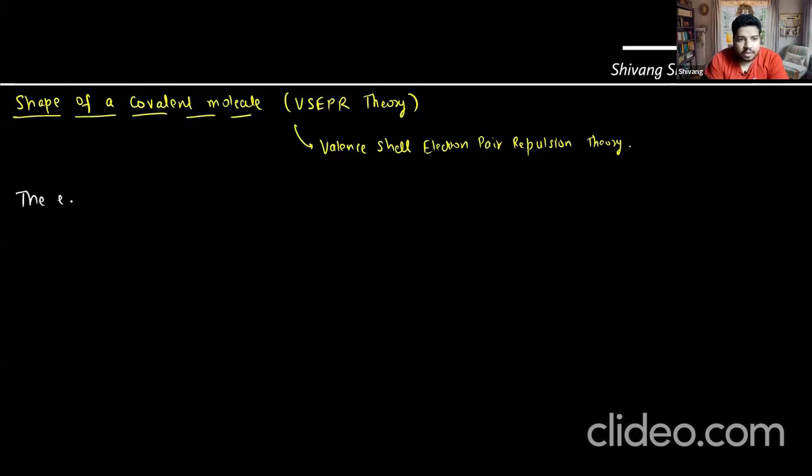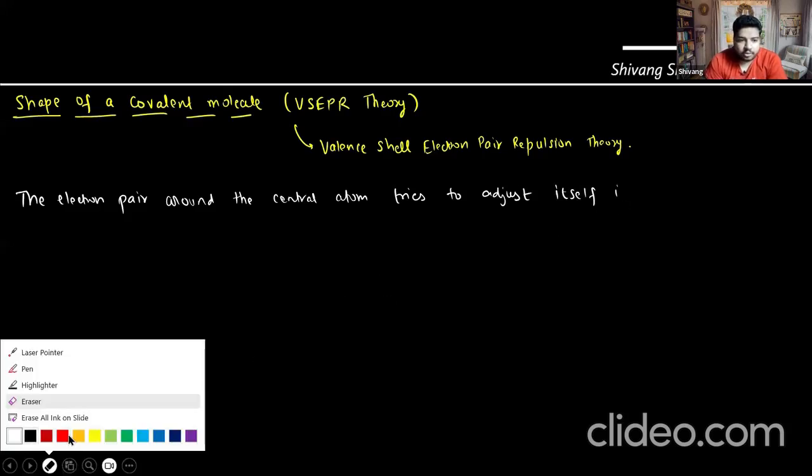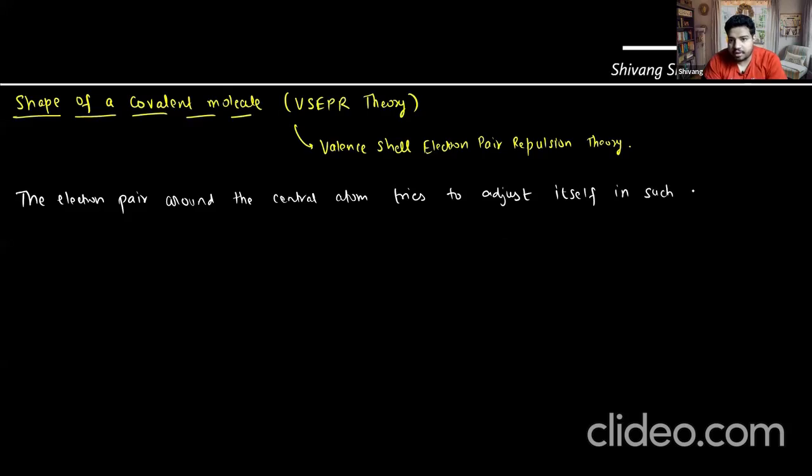It says that the electron pairs around the central atom try to adjust themselves in such a way so as to minimize the repulsion between them.